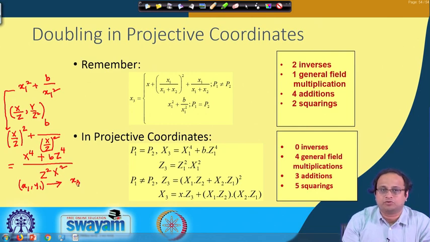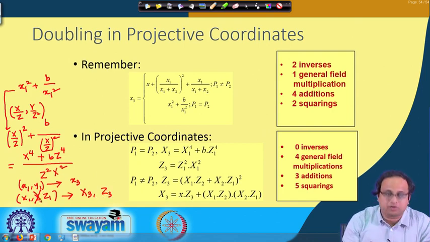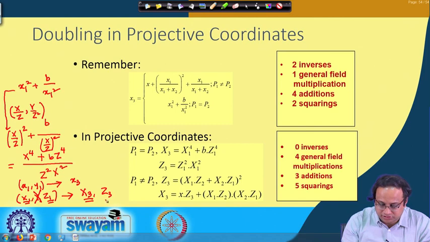But in the projective domain, you have x1 comma y1 comma z1, and from there you are calculating x3 and z3. As I said, we do not need y1 because of the advantage of the Montgomery ladder. We are basically operating on x1, z1 and calculating x3 and z3.